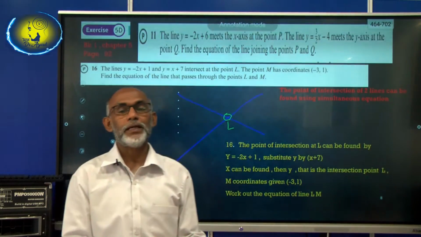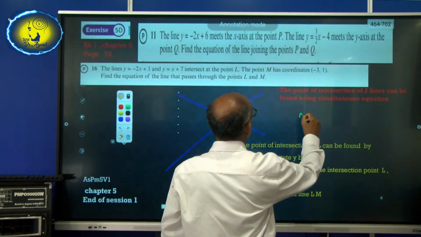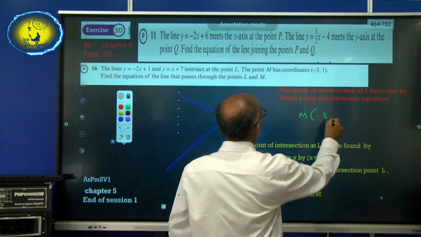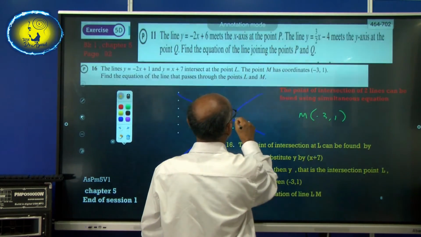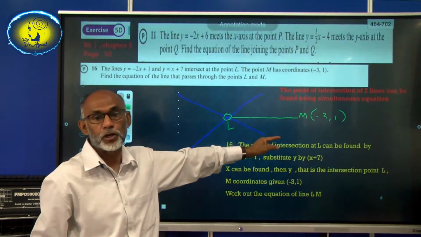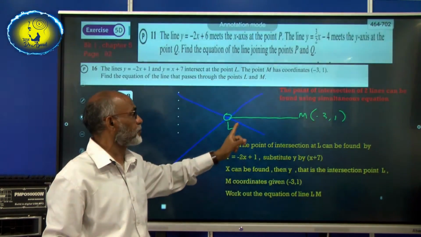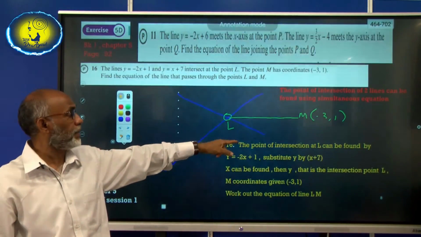Students, you all can work that out. And we have another point called M, where the coordinates are minus 3 and 1. So finding the equation of LM is not a problem. In our previous sums also we did the same. First we found the gradient and then we applied it.